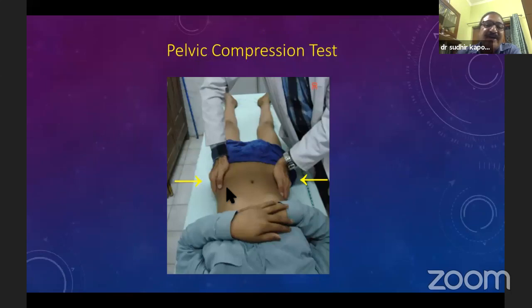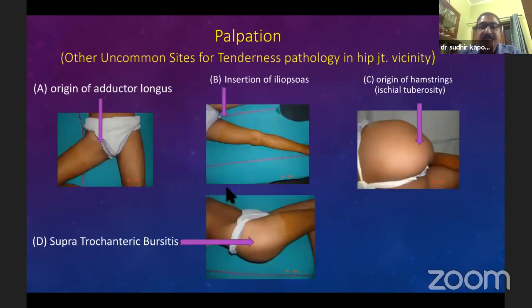Another type of tenderness which is noticed in patients of hip joint disease is the bilateral pelvic compression test. Whenever there is a disease which is affecting the central portion of the hip joint, the pelvic compression test will be positive. Now there are other uncommon sites for tenderness in different pathologies of the hip joint.